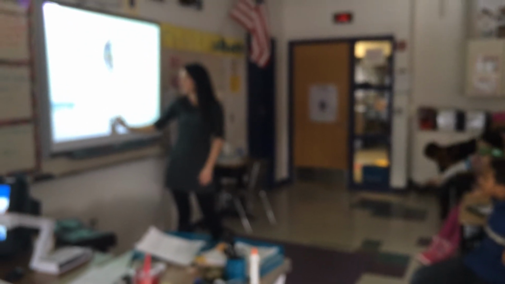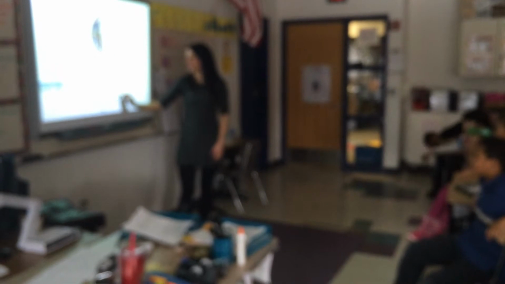I could say it's equal to 1/2 plus 1/4. This part is 1/4, right? But I combined them to form a half. So I have 1/2 of the circle plus 1/4 of the circle equals 3/4.